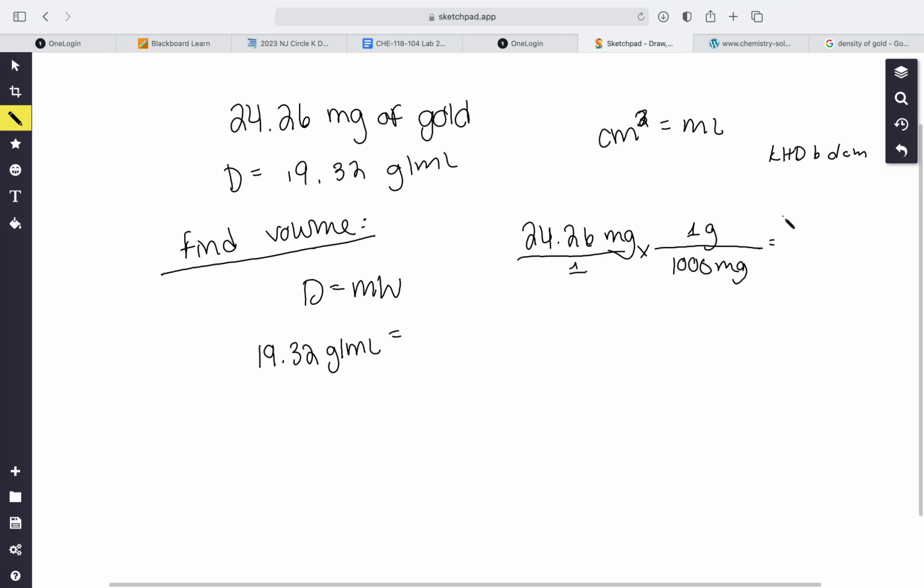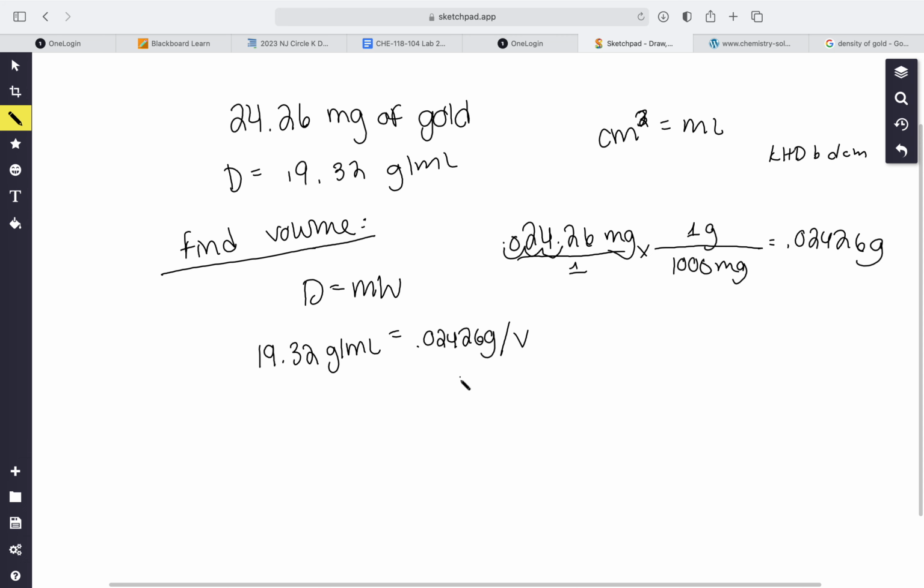So I'm going to move this decimal over 1, 2, 3 places, and we'll get 0.02426 grams. Okay, so now we know that the mass is 0.02426 grams divided by volume.